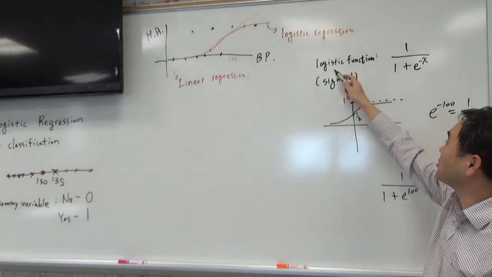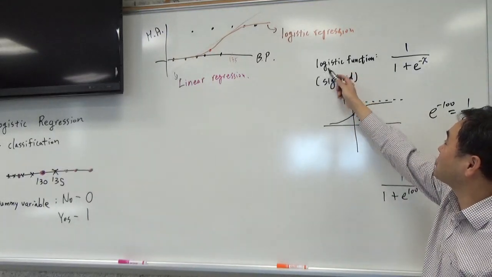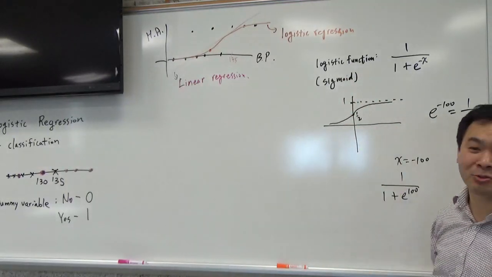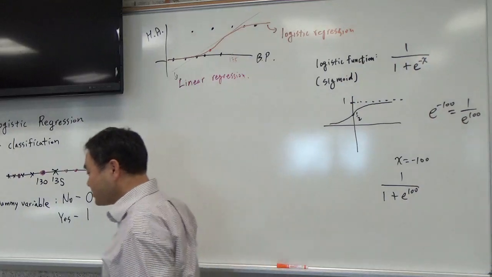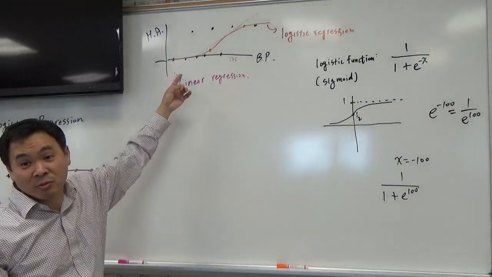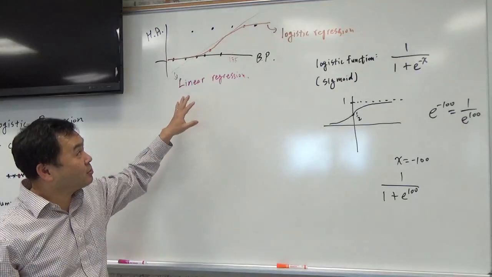So I really couldn't find the reason why this is called logistic. It's just called logistic function. Not much of a reason. And trying to fit that into this sample is called the logistic regression.